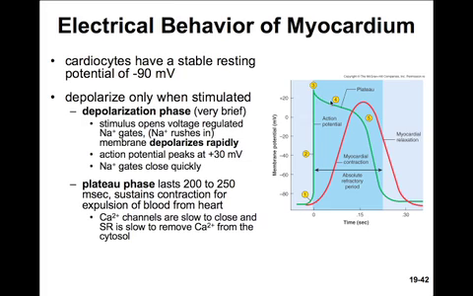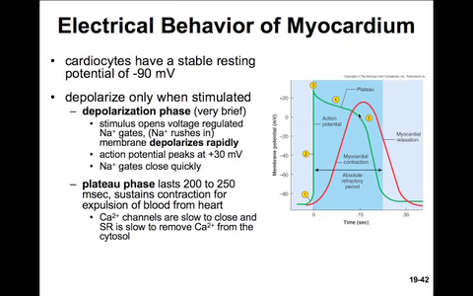So the membrane potential drops slightly during this plateau phase because we've got calcium, positive charges moving into the cell, and we have potassium positive charges moving out. Slightly more potassium out is going to allow for this plateau to decrease.